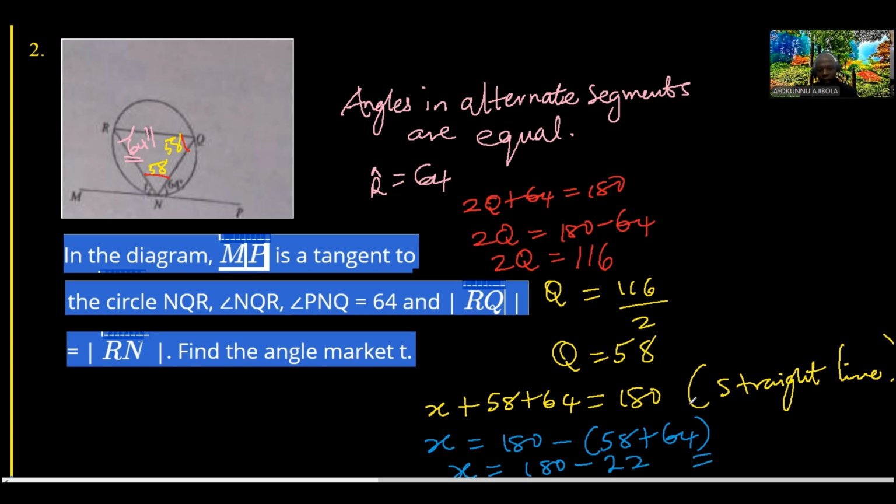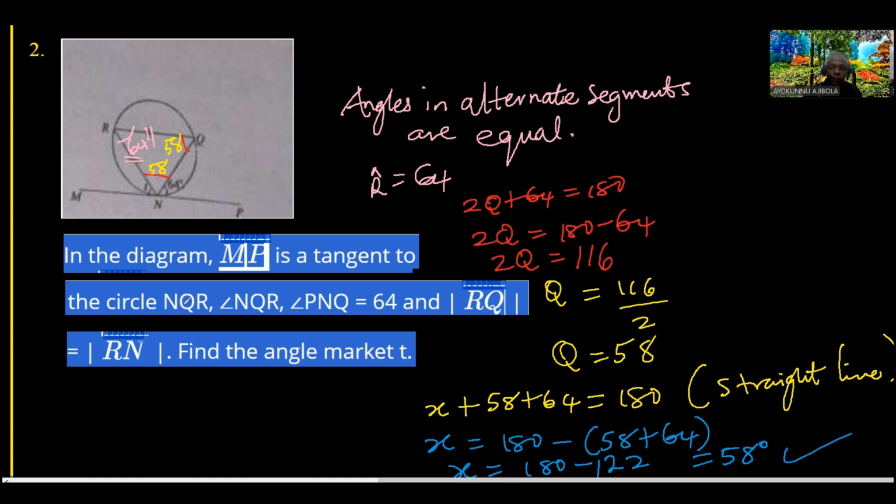So what is our x? 58 degrees. So I didn't put 122, put 58 degrees, instead of 120. Okay.